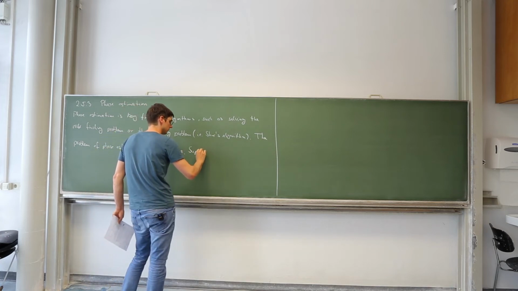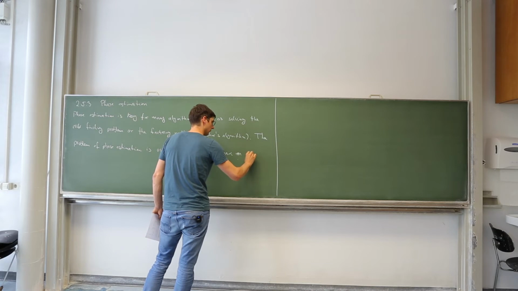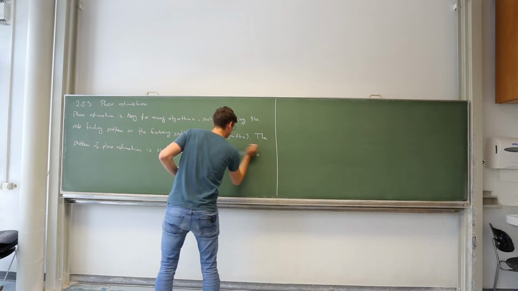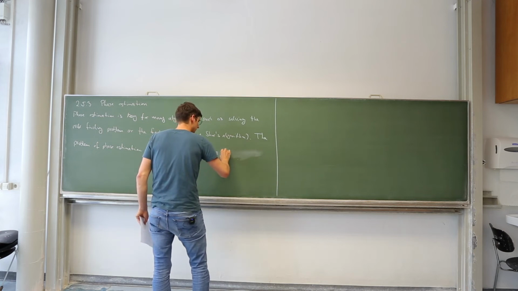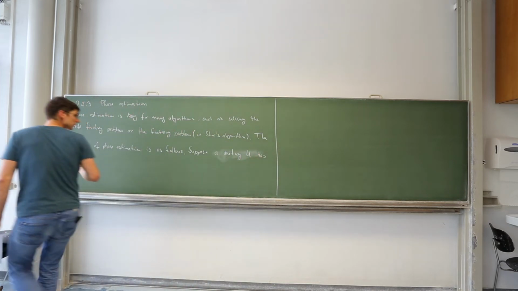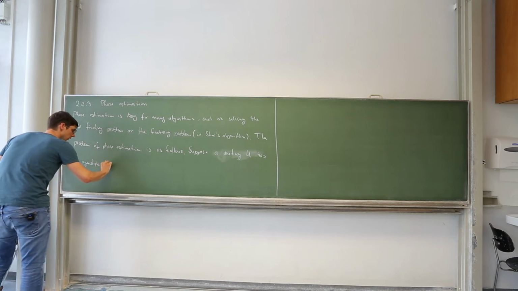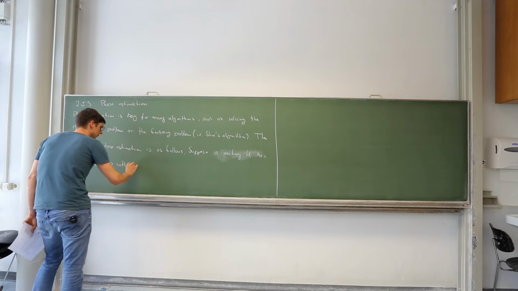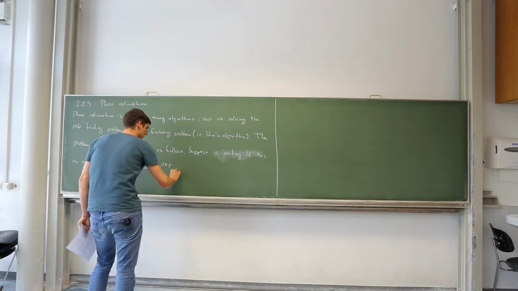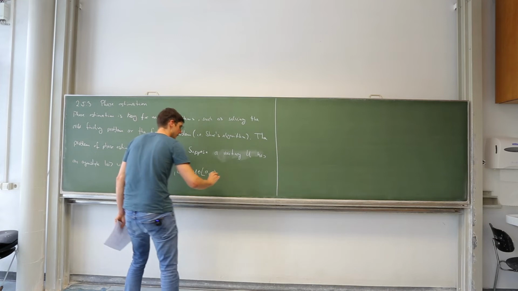Suppose we have an oracle, a unitary U that has an eigenstate U with eigenvalue e to the i 2 pi phi, where phi, which is between 0 and 1, is unknown.